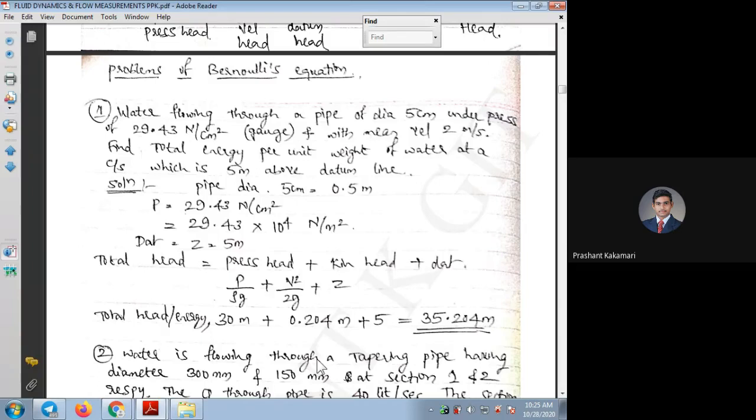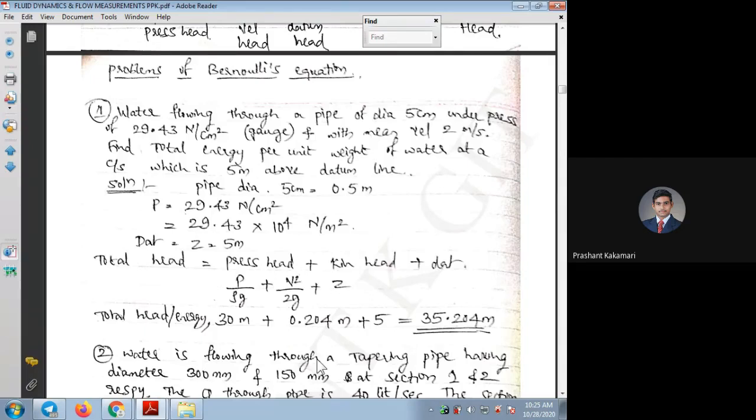The datum is nothing but the elevation or the height at which the pipe is positioned, or the point at which the values are found out. So that point is 5 meters. Or you can consider the center of the pipe is at 5 meters. So that Z you can consider 5 meters.